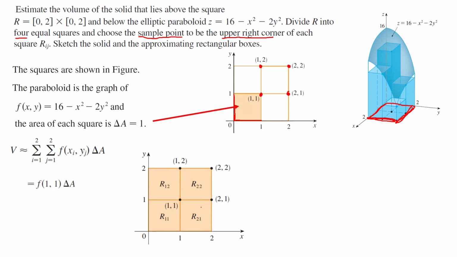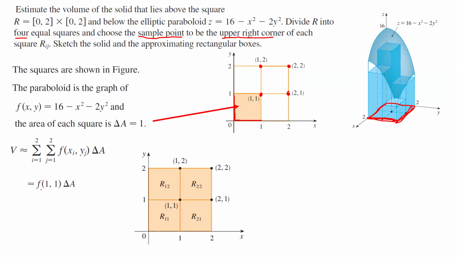This is equal to f of 1 and 1 times delta A. So when i is equal to 1 and j equals 1, you get f of x sub 1, y sub 1, which is f of 1 and 1.